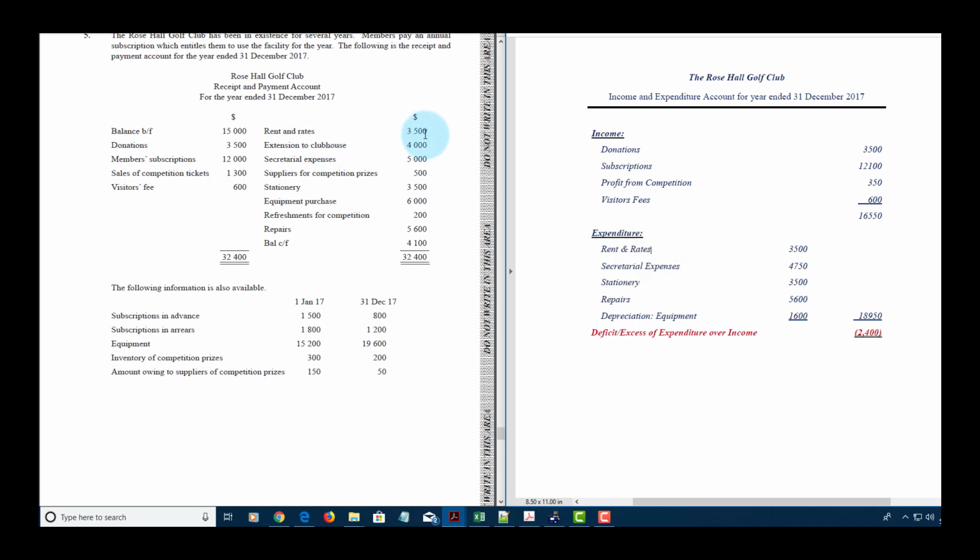We have rent and rates $3,500. There is no adjustment to be made to it. There is no accruals or prepayment for rent and rates, so we use the whole figure. Secretarial expenses $4,750. Why? Because it was $5,000. We use 5% of it elsewhere.